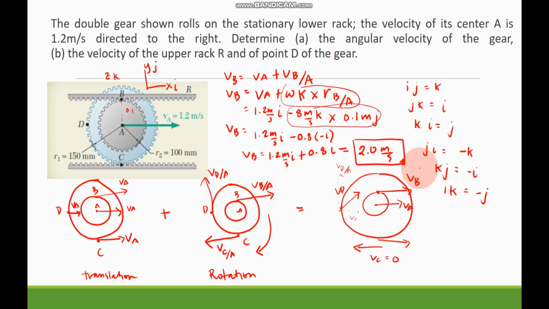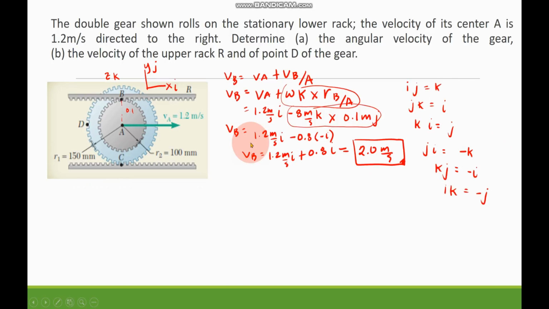So, just take note of these vector products. So, next, we will determine the velocity of point D of the gear.